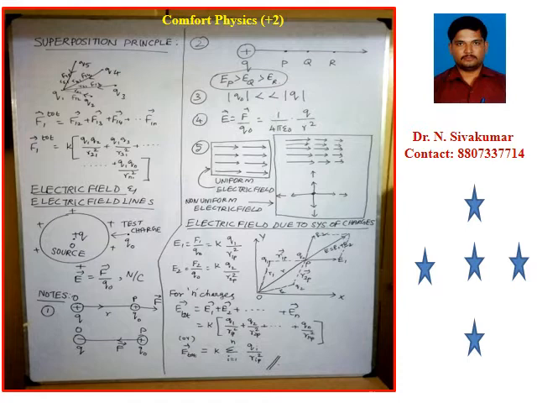Say for example, a charge Q2 giving a force on charge Q1 is represented as F12. The distance between Q1 and Q2 here is R12. Similarly, the force on charge Q1 by charge Q3 is F13.